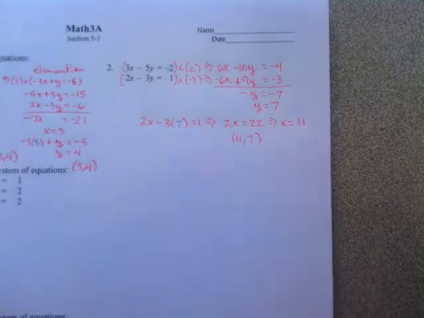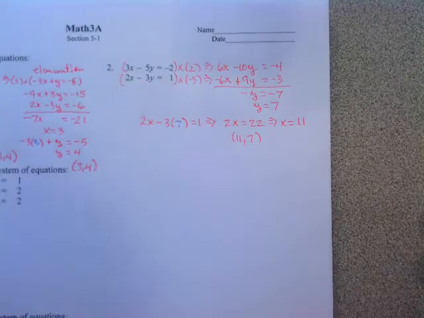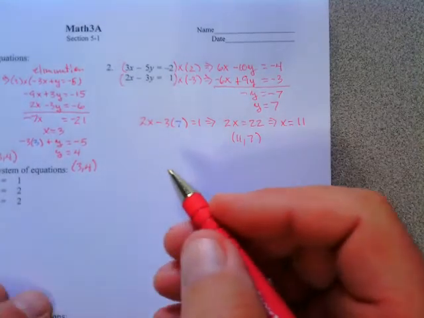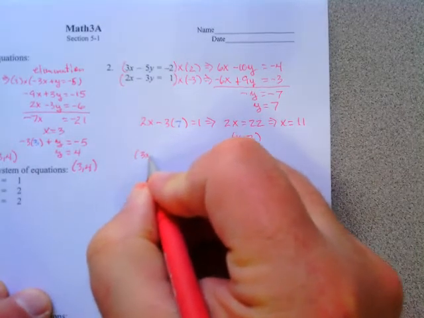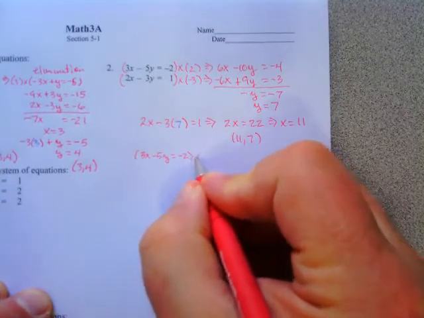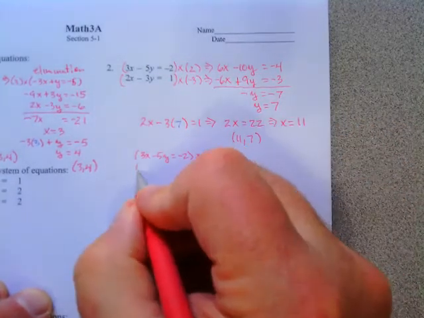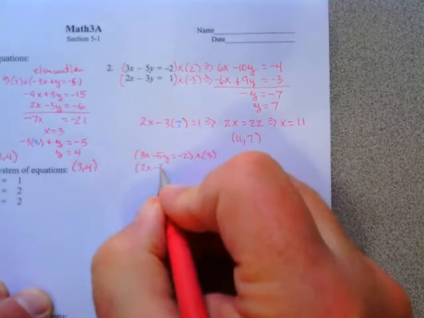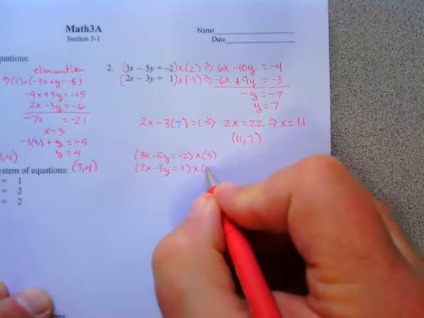Now in this particular case, I picked getting rid of the x's. It does not matter. I could have picked getting rid of the y's. So for example, I could have taken the first one, 3x minus 5y equals negative 2, and multiplied that by 3. And then the second one, 2x subtract 3y equals 1, multiplied that by -5.